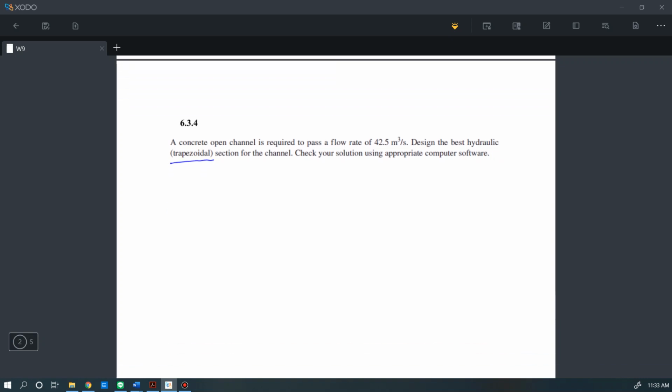Okay, so let's start with this. Because this is a concrete open channel, and this concrete means that the n value for the Manning equation is equal to 0.013. Okay, and we have a flow rate equal to 42.5 cubic meters per second.